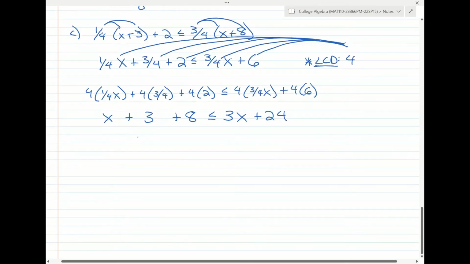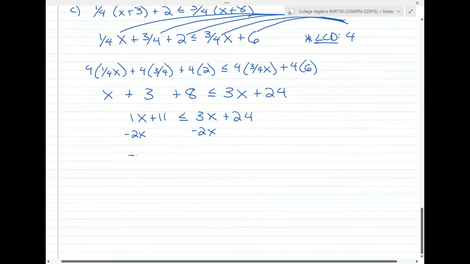Finding our like terms would be x plus 11 is less than or equal to 3x plus 24. Let's get the variables on the left side like we usually do. 11 on both sides. And divide by -1.